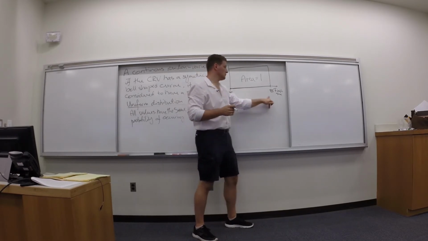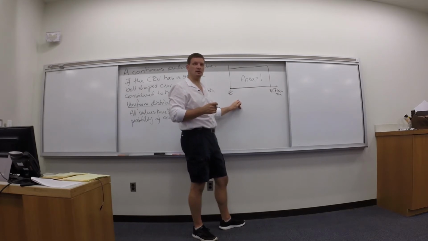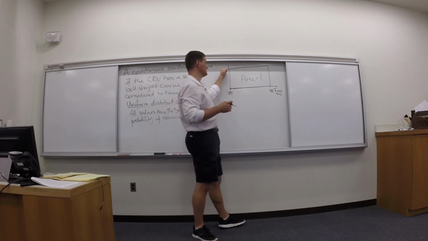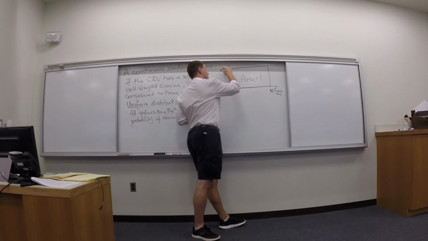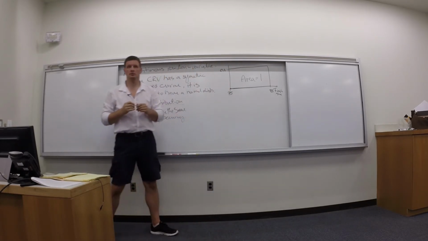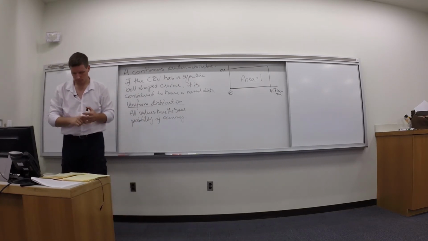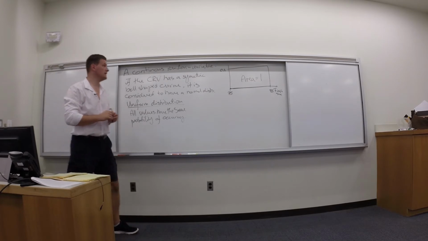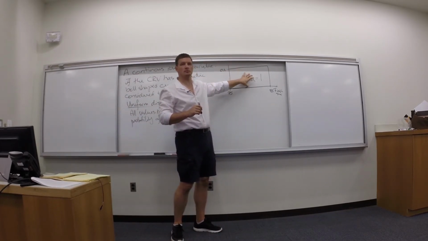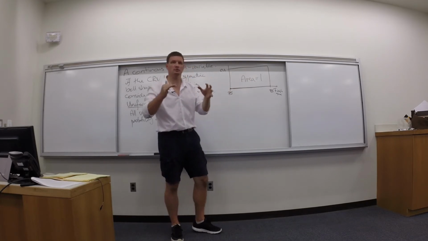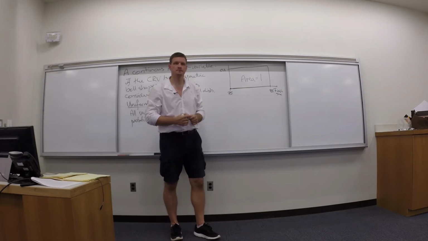Well, this side is length of 10, times this side has to equal 1. So this side has to be 0.1. This needs to be 0.1 because we need the area to be 1, because if it's 1, we can equate it to probability.